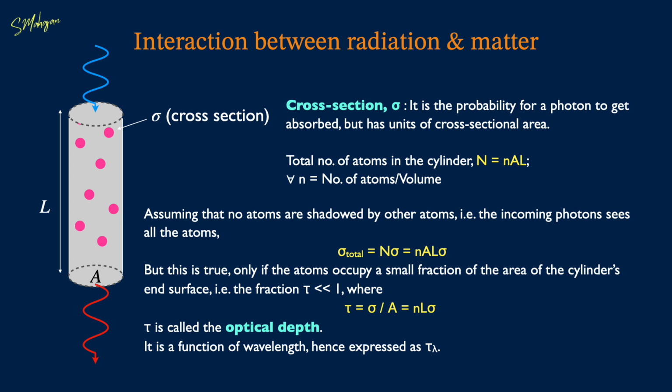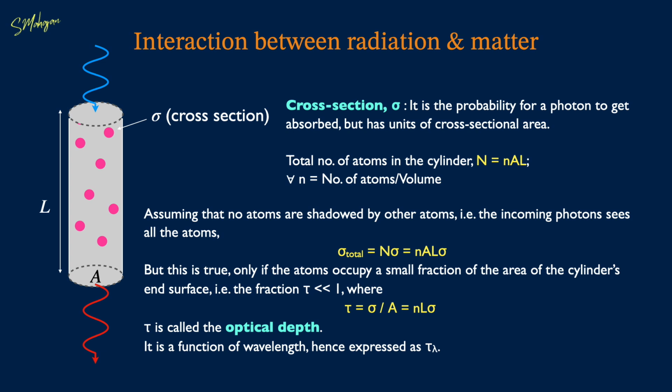This area is actually known as the cross-section, represented by sigma. This cross-section is the probability of the photon to get absorbed in a material. So now if we consider a cylinder with these atoms in it, we would like to know how much radiation which is incident on the face with area A gets absorbed in the material.